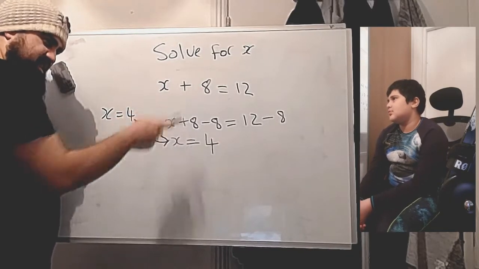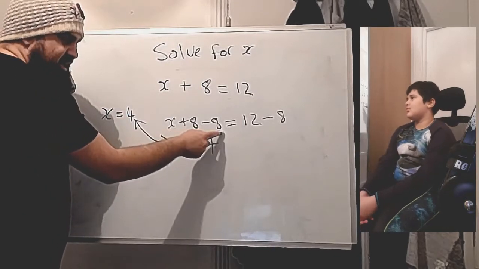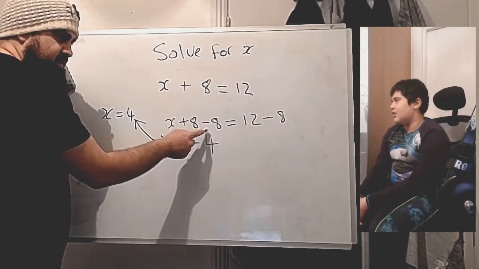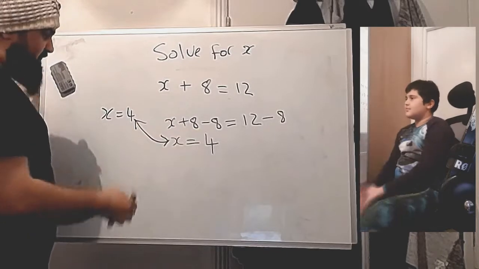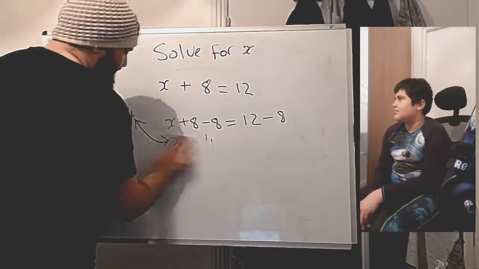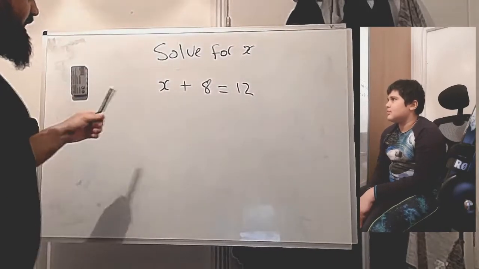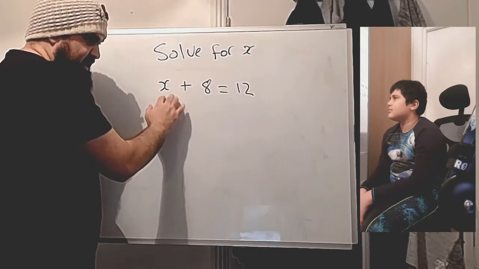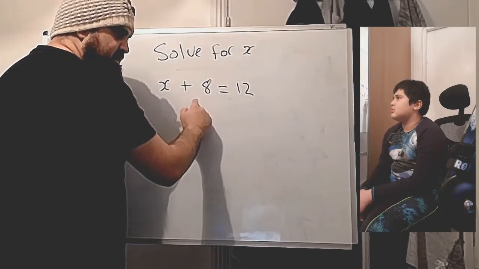Look, 8 minus 8 is? 0. So on this side, let's just do that again. I noticed that x is on this side, you see that clearly, but it's accompanied with this plus 8.